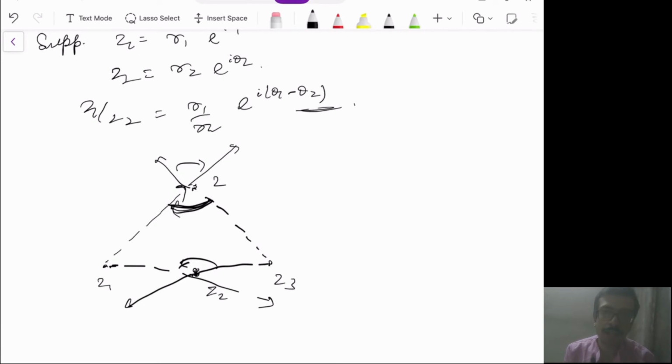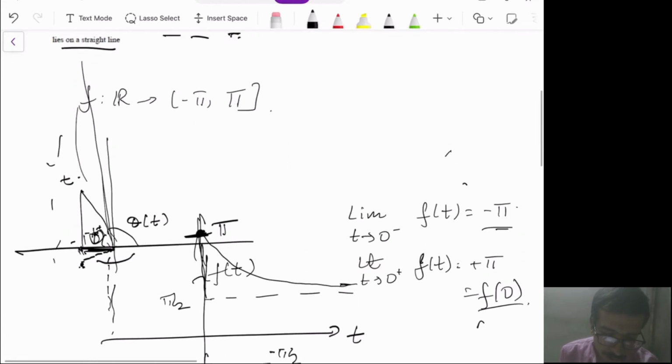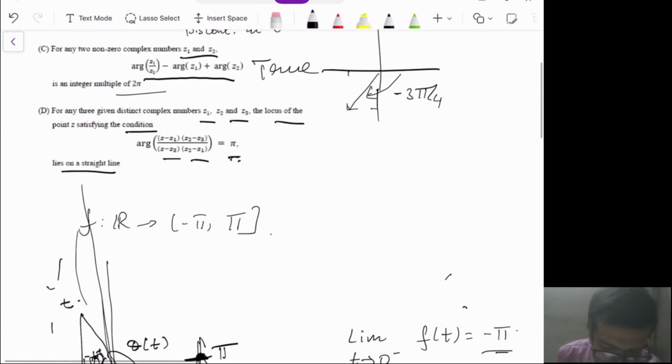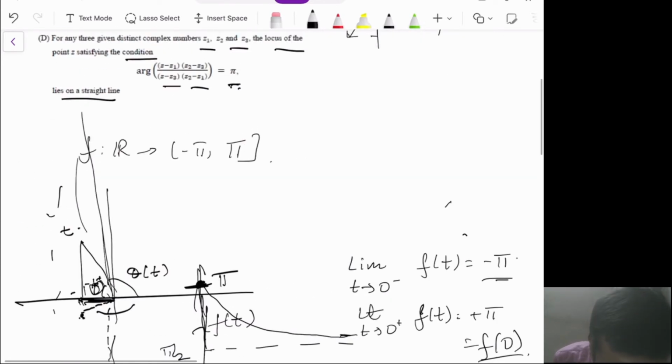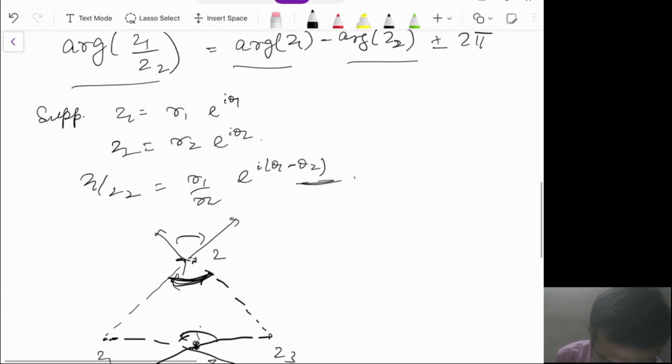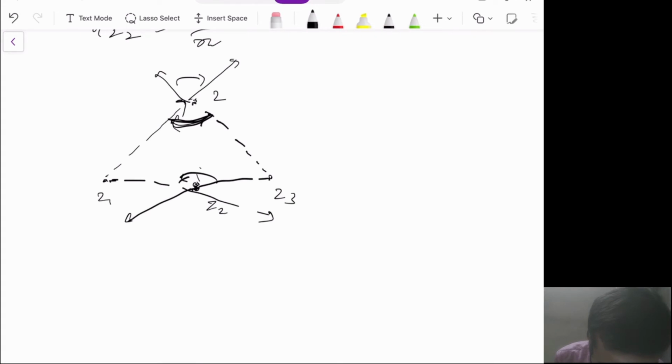For a cyclic quadrilateral this does hold, that the sum of these two opposite angles equals pi. And here note that for Z we have (Z minus Z1) by (Z minus Z3), and here we have (Z2 minus Z3) by (Z2 minus Z1), right?